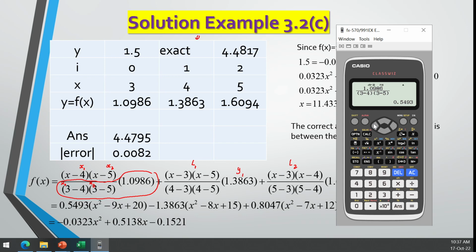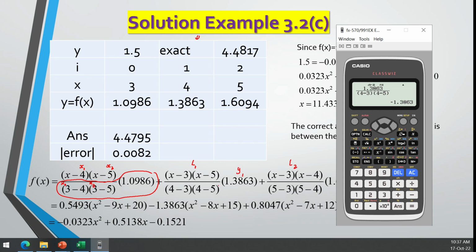Here I just change to 4 minus 5, 4 minus 3. So 1.3863.